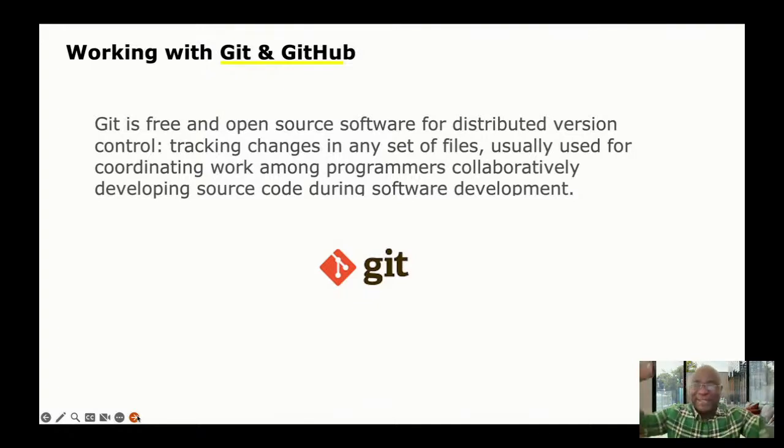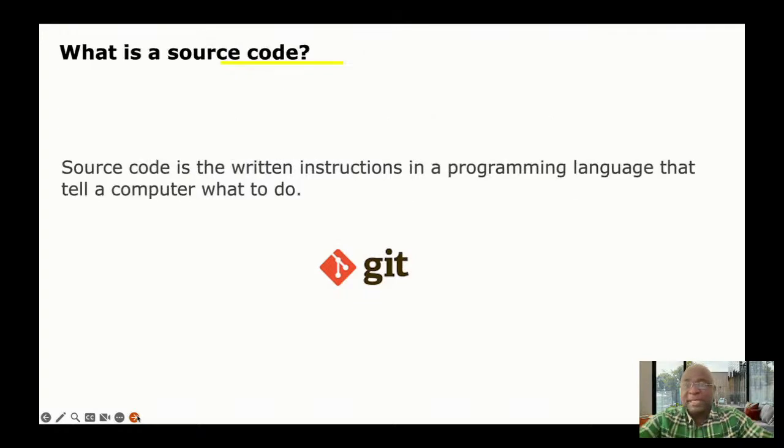Okay, so let's continue. It's one of the best tools to use to collaborate, especially when you're working with source code. I mentioned source code in the previous slide. What is source code? As the word says, it's code. Source code is a written instruction in a programming language.